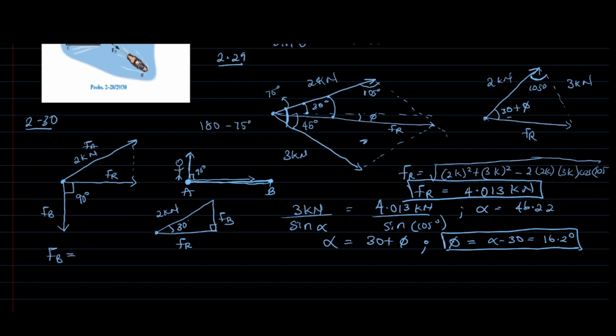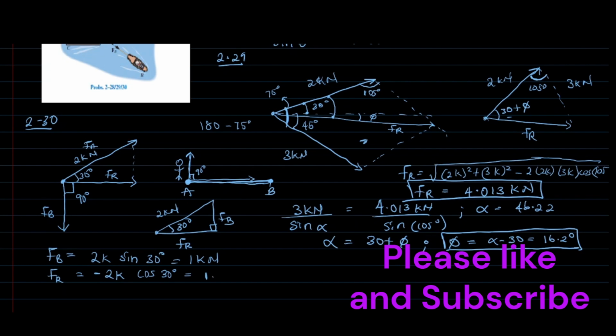This is 30 degrees according to the photo. So therefore, FB is going to be equal to 2 kilonewton sine 30 degrees, which is equal to 1 kilonewton. And FR, by means of Pythagoras theorem, is simply 2 kilonewton cos 30 degrees, which is equal to 1.73 kilonewton. Thank you for listening.